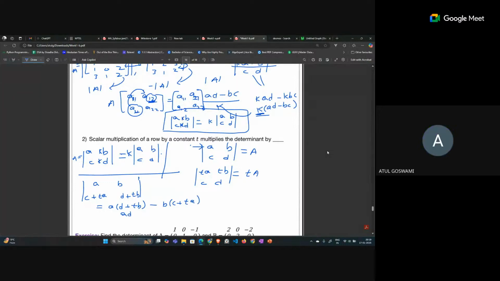So we get AD plus tAB minus BC minus tAB. Nothing is getting cancelled. Yes, this one is getting cancelled, and the determinant comes as AD minus BC, which is the determinant of A. So see, the determinant is unchanged by applying this operation, while when you applied the other operation, the determinant changed.